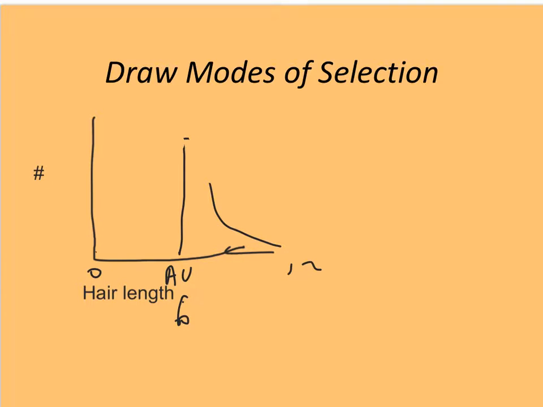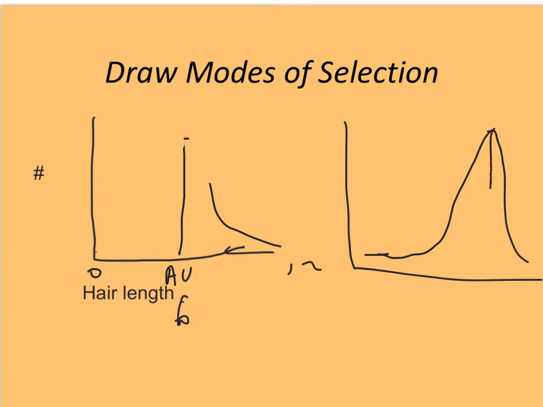Okay, I'm going to draw another curve right here. And now the average is going to be 10. The average before was right around here, 6.